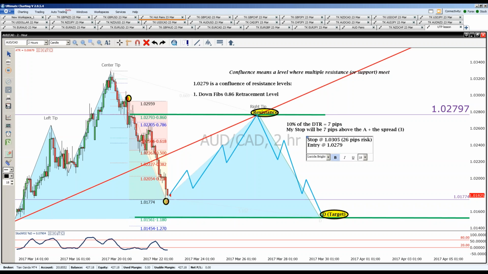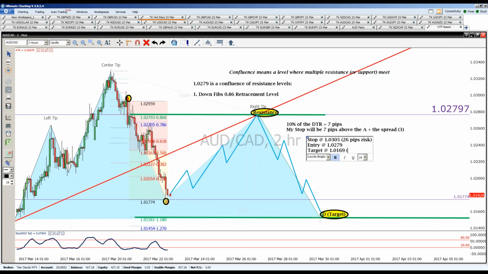There we go. And then my target is going to be 10 pips above the D extension plus 3 for the spread. So 13 pips above that D is going to be 1.0169.